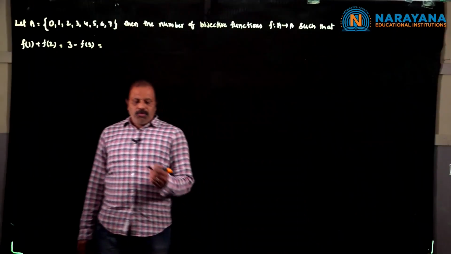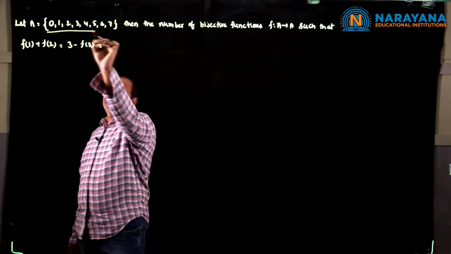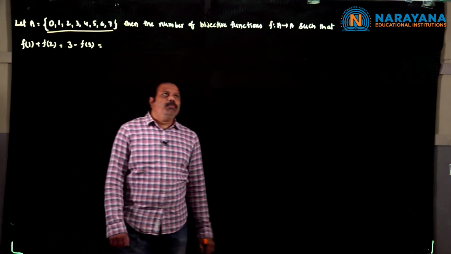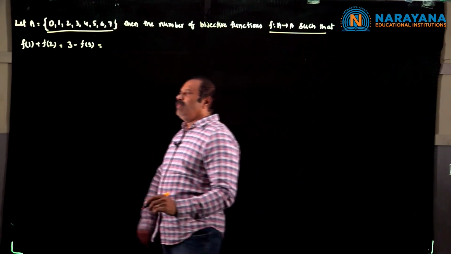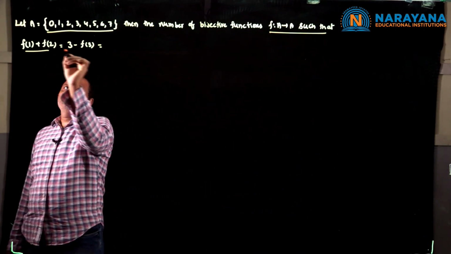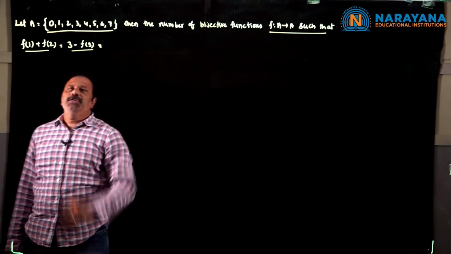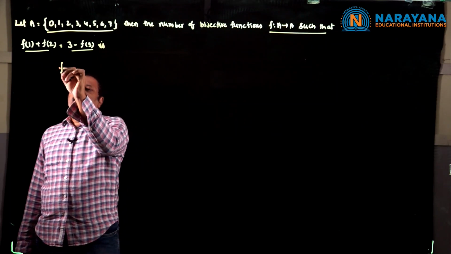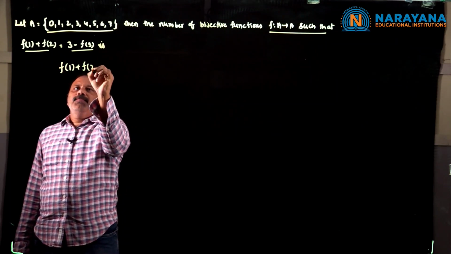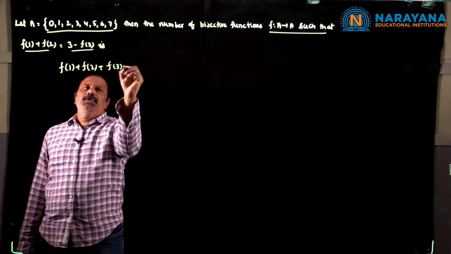Let A equal {0, 1, 2, 3, 4, 5, 6, 7}. Then the number of bijective functions f from A to A such that f(1) plus f(2) is equal to 3 minus f(3) is. So here you can write this as f(1) plus f(2) plus f(3) is equal to 3.